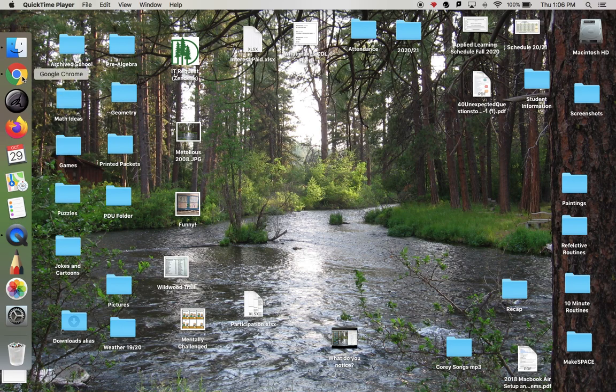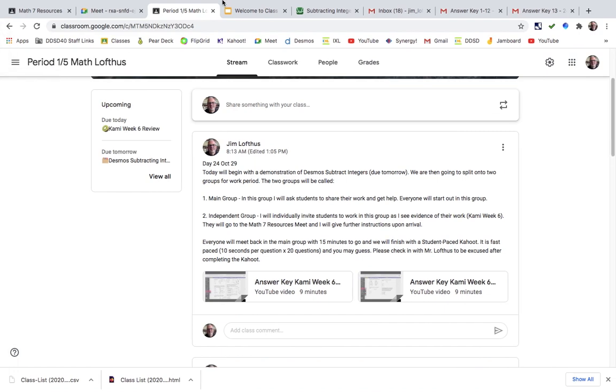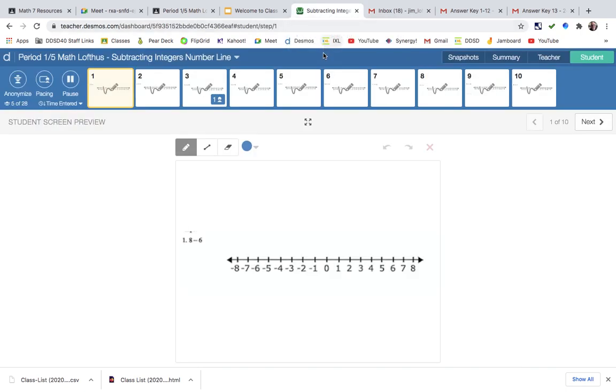What we did at the beginning of class was a demonstration on the Desmos that is due tomorrow. There's a couple ways of thinking about it.